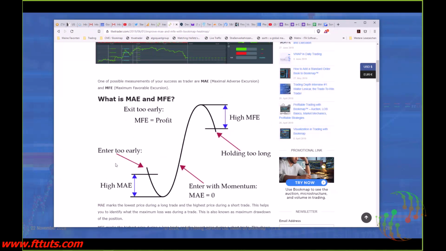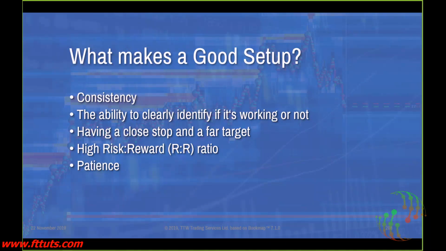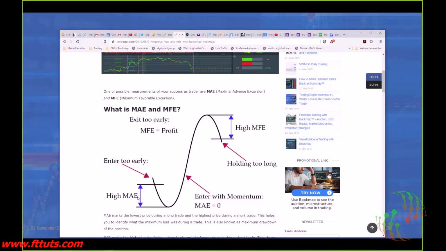It's important to get these numbers, because when you enter too early, you have a high MAE, and when you're holding too long, you have also a high MFE. With the knowledge of this week and the knowledge about liquidity, about absorption, about exhaustion, about the strategies, it is possible, it is highly possible to enter a trade with the smallest possible MAE.